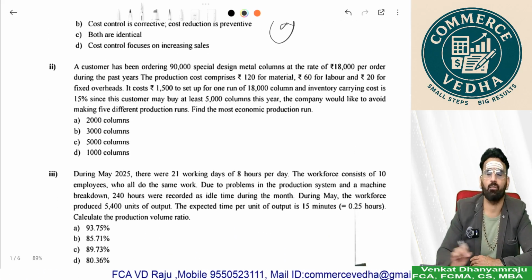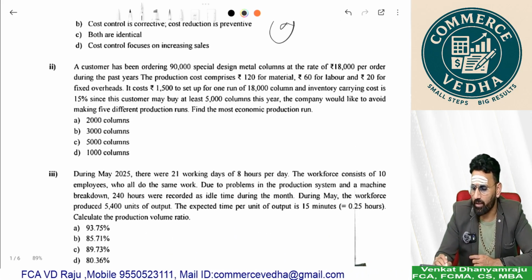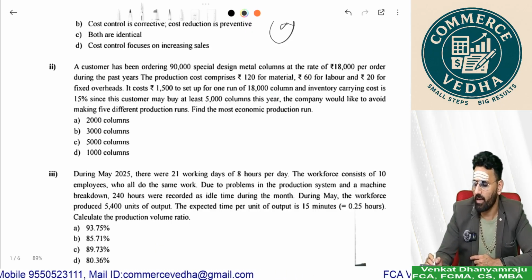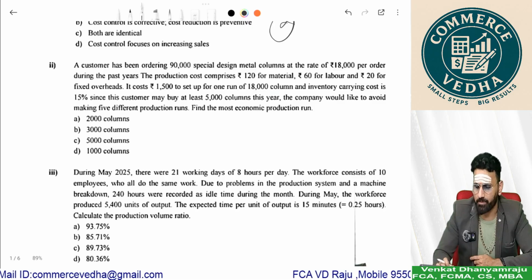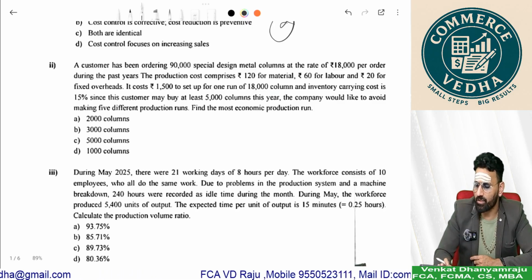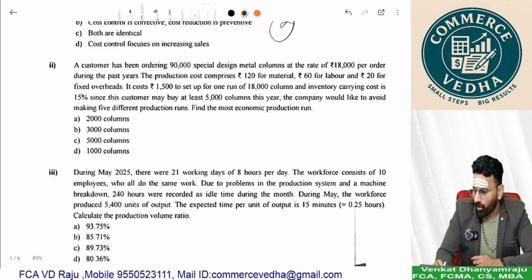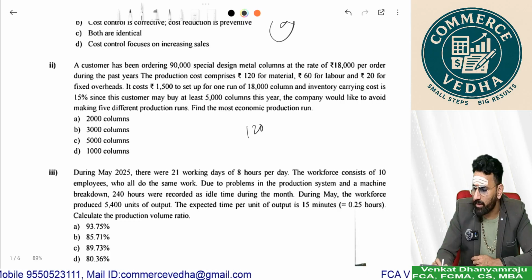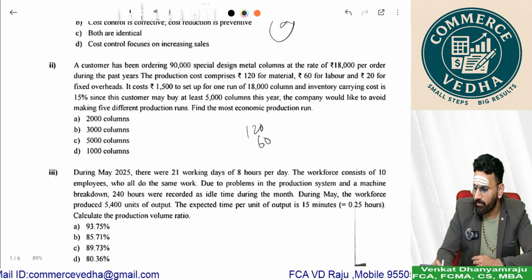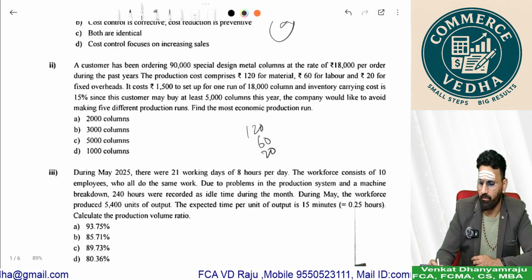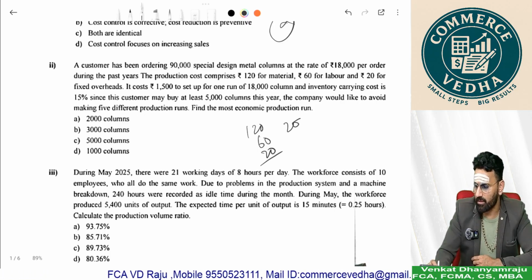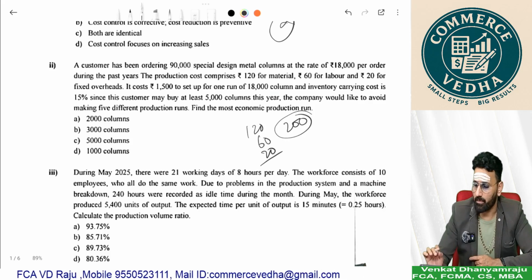Now coming to the second question. A customer has been ordering 90,000 special design metals at a rate of 18,000 per order. During the past years, the production cost comprises 120 raw material, 60 labor and 20 fixed overhead. Total production cost is 200 per unit.